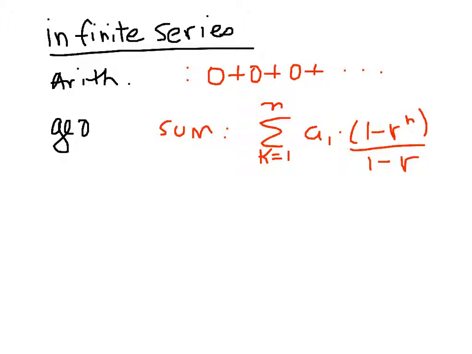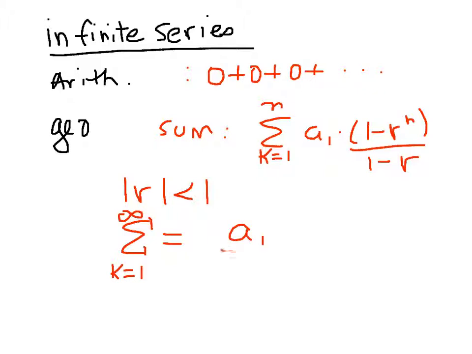An infinite one will converge as long as the absolute value of r is less than 1. In that case, we write this, and if the absolute value of r is less than 1, this term will go to 0, only if the absolute value of r is less than 1, and then all we're left with is a sub 1 over 1 minus r.